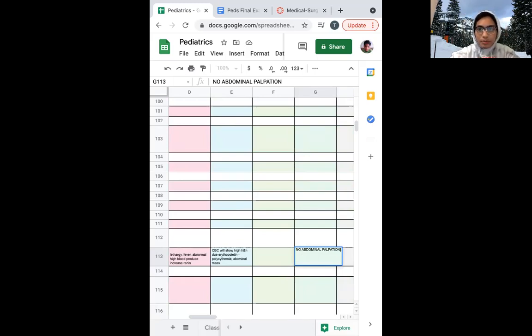So no abdominal palpation due to possible dislodgement of malignant cancer cells. Where are they going to go? Well, the blood flow works like this: the hepatic portal vein goes back to the heart, then into the lungs.